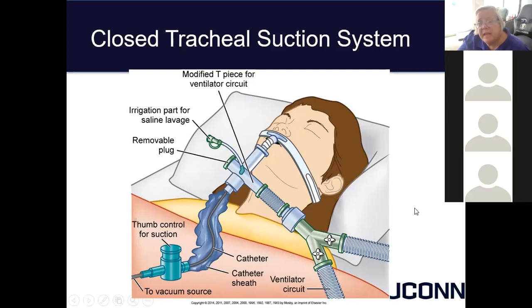Most ventilators now, certainly the ones we use in the hospital, have a button that you push to suction. It hyperoxygenates the patient. It puts the alarm on hold and gives you 2 minutes to complete your 2 passes to suction, which should be, with enough practice, more than enough time.